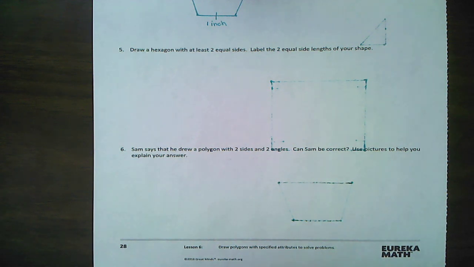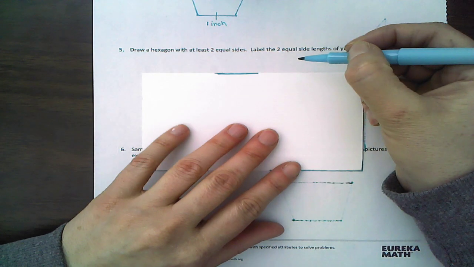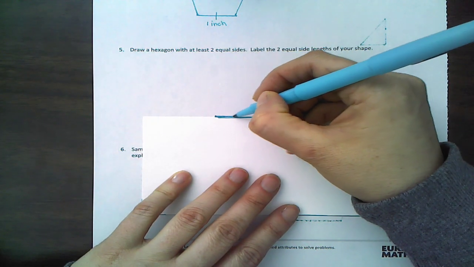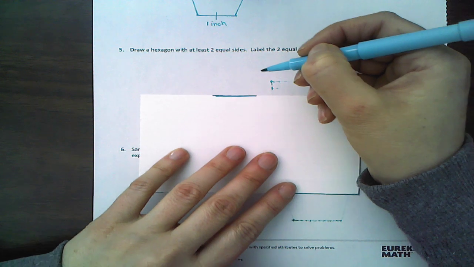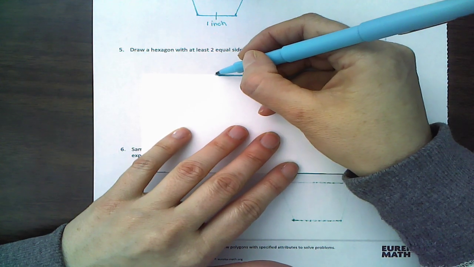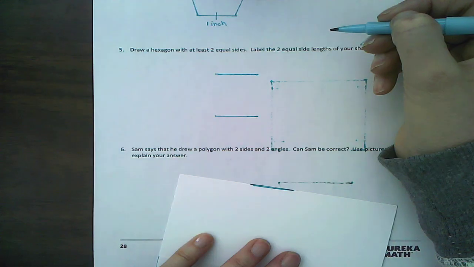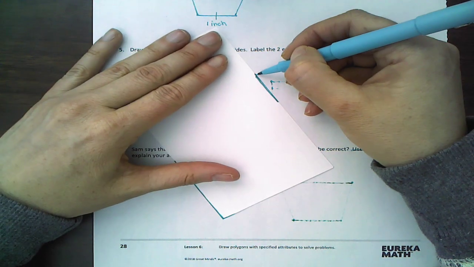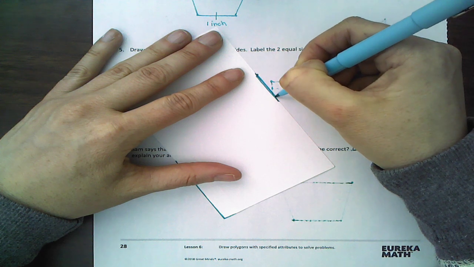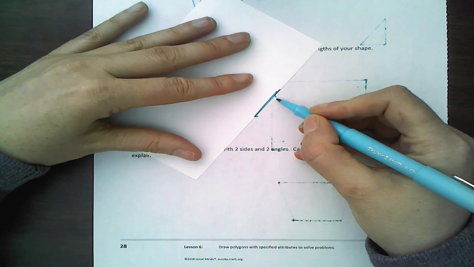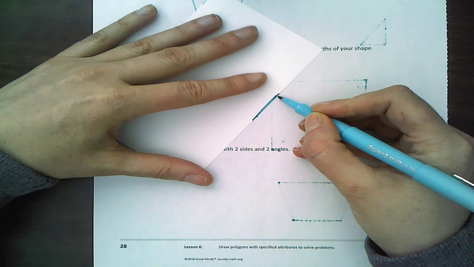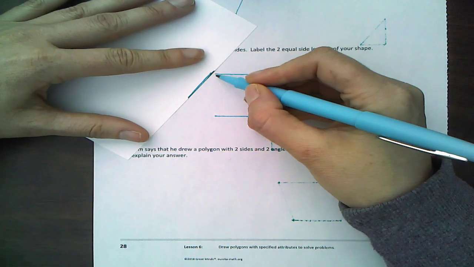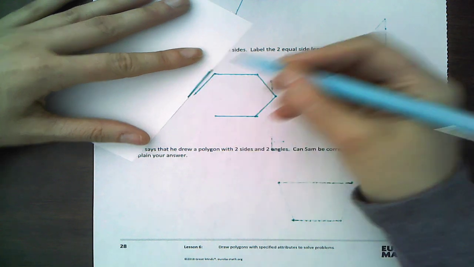So I'm going to use that same 1 inch mark, and I'm going to start with the bottom actually. Do the bottom, and I know these sides need to be parallel, and do the top. And then I'm going to try to make it look like a hexagon and not like some weird shape that no one's ever seen.